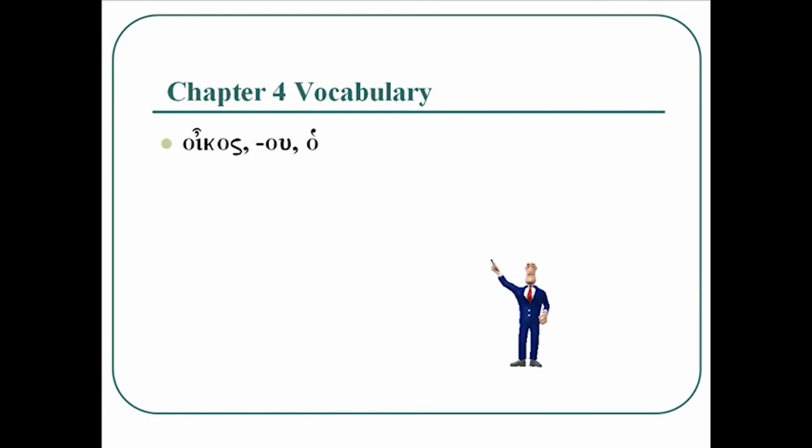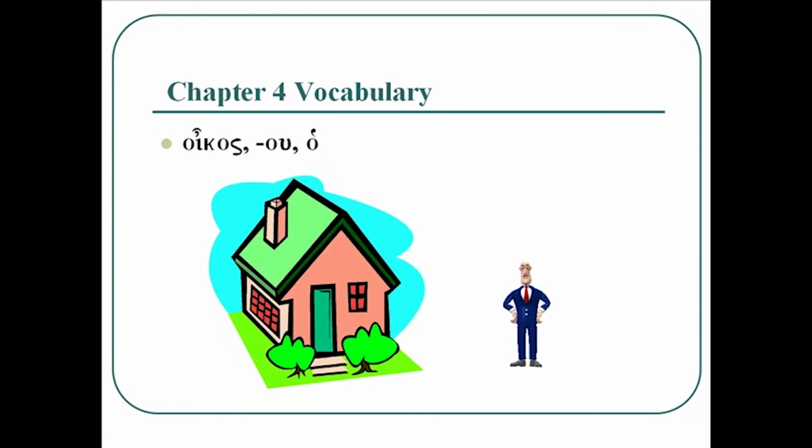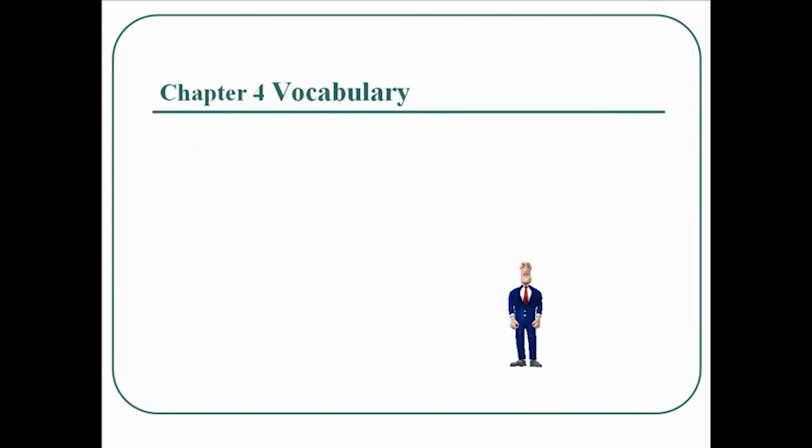The ninth word is oikos, and it means house. And the tenth word is hōs, and it's translated as, about, or how.